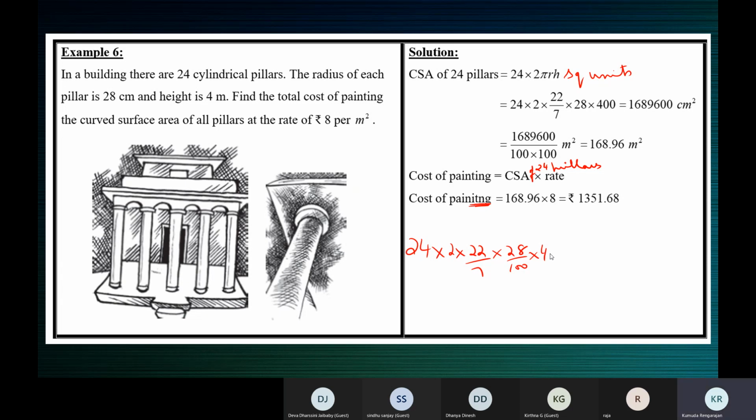Then this answer will directly be in meter square. If you take the radius as 28 by 100 meters, then you can take the height also in meters, 4 meters. Then the answer will be in meter square. So you don't have to convert. Just multiply by the rate to get the cost.